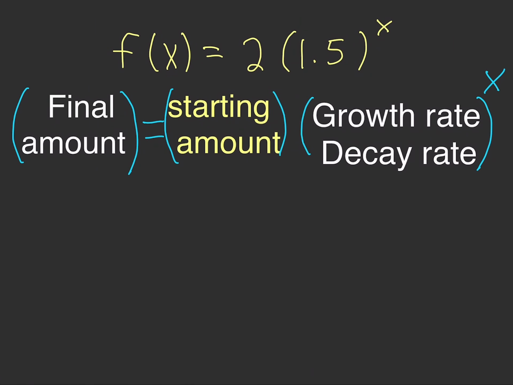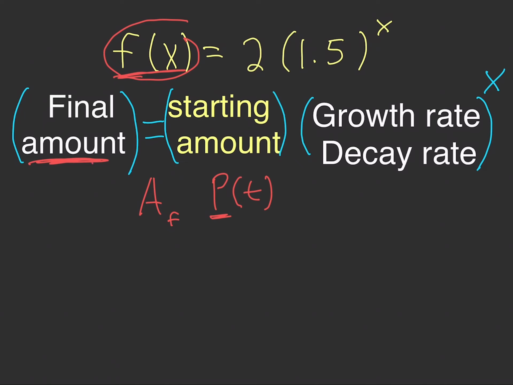So to review, over here where they say f of x, sometimes they may say p of x or p of time for population over time. Whatever it is, it doesn't matter. When it's the only thing on the left side of the equal sign in an exponential problem, it will be the final amount.